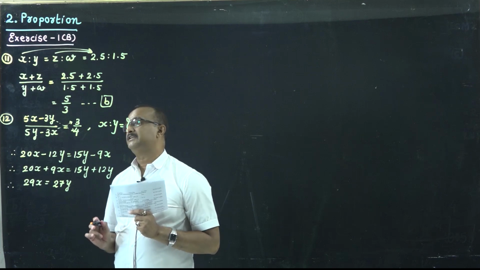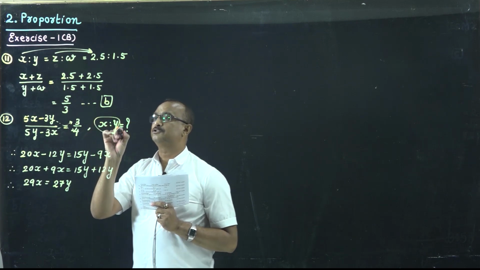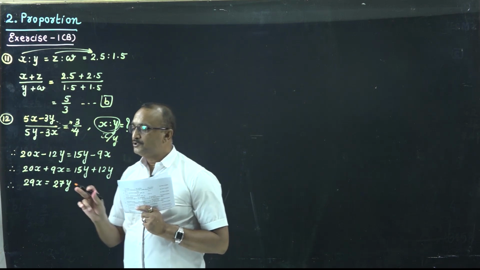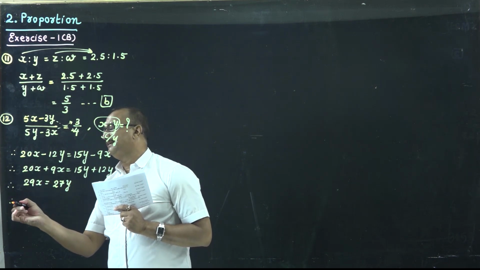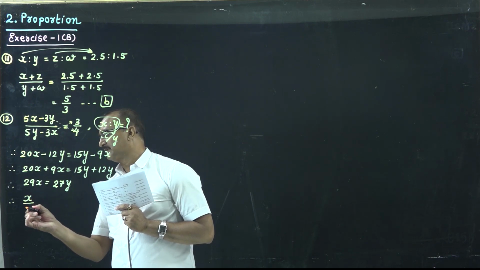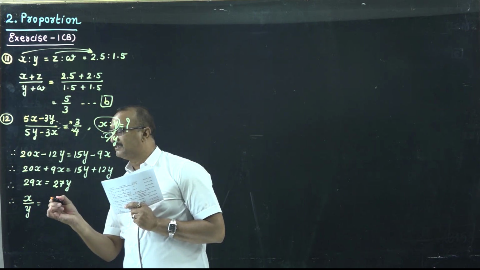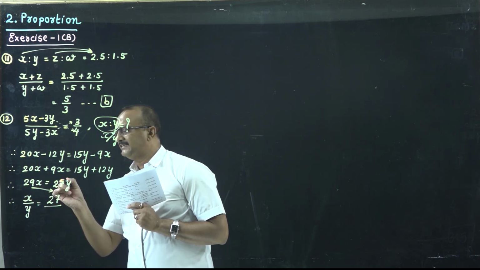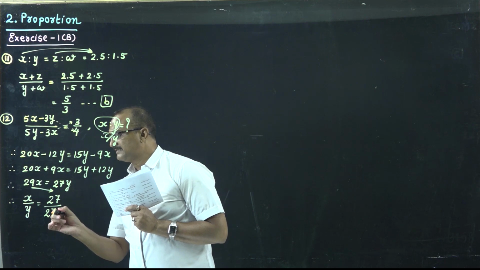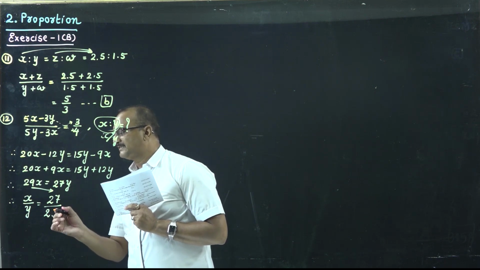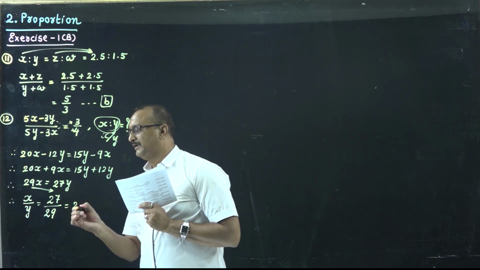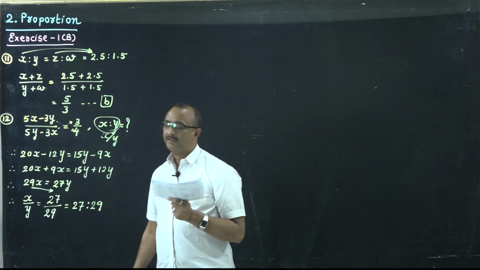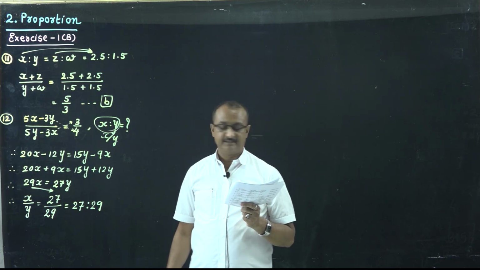Okay, see, we have to find x is to y. X is to y means x upon y. So moving y in denominator, x upon y is equals to 27 upon, now moving 29 in denominator. So x is to y is equals to what? 27 is to 29 and it is seen in option D.